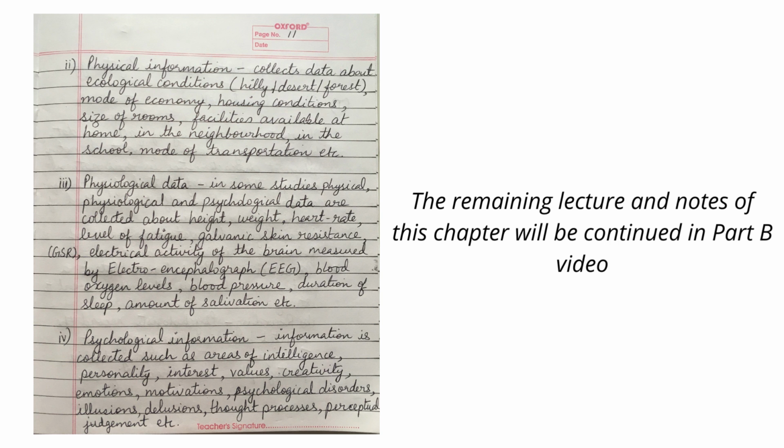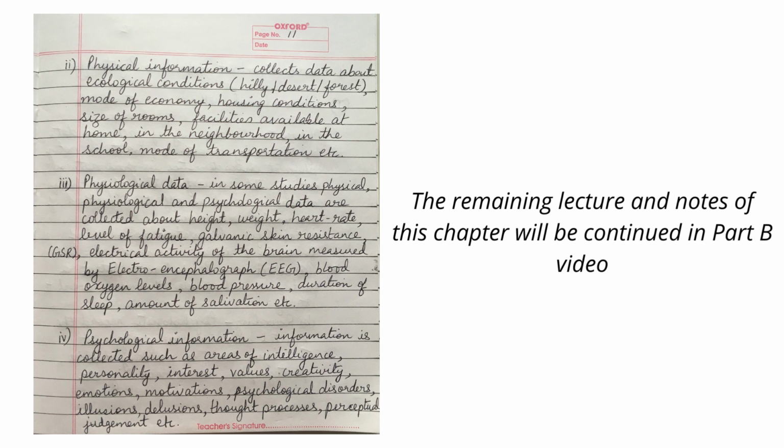Number three, physiological data. In some studies, physical, physiological, and psychological data are collected about height, weight, heart rate, level of fatigue, galvanic skin resistance, GSR, electrical activity of the brain measured by electroencephalograph EEG, blood oxygen levels, blood pressure, duration of sleep, amount of salivation, etc. And number 4, psychological information.